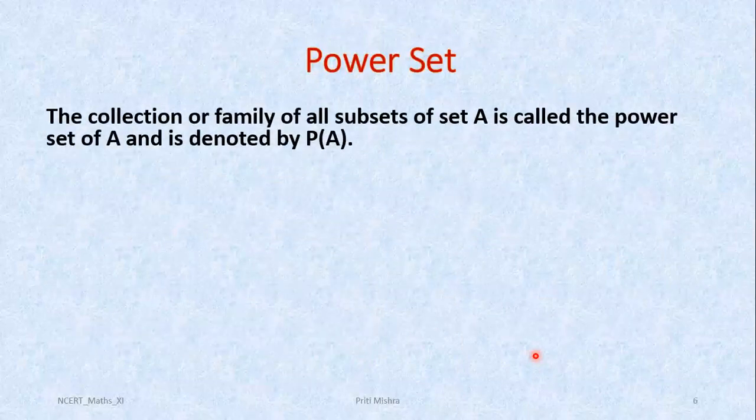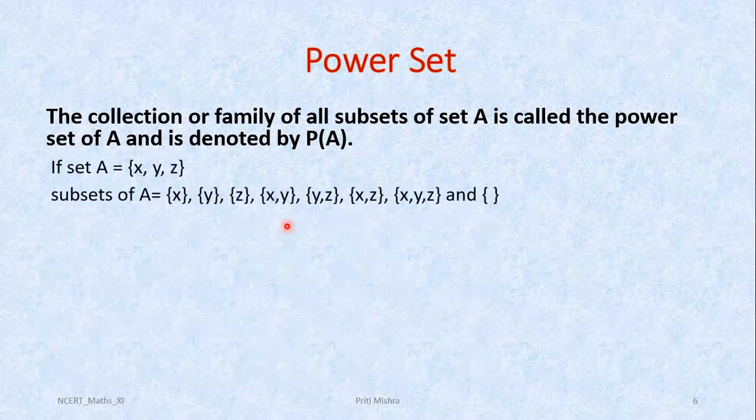A collection or family of all subsets of a set A is called the power set of A, and it is denoted by the symbol P(A). So we have to write down all the subsets of a set, and it will give us the power set. Suppose we have a set A having elements x, y, z.